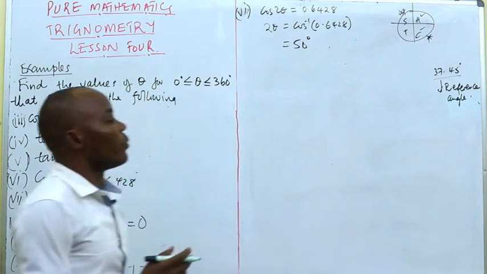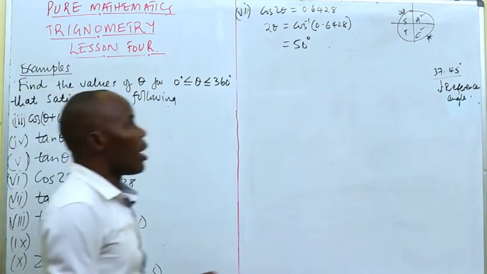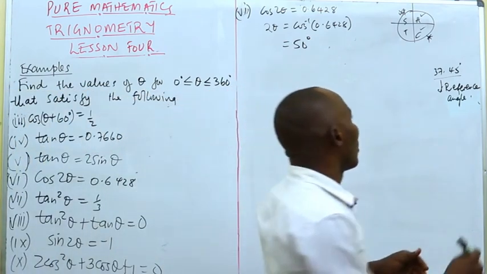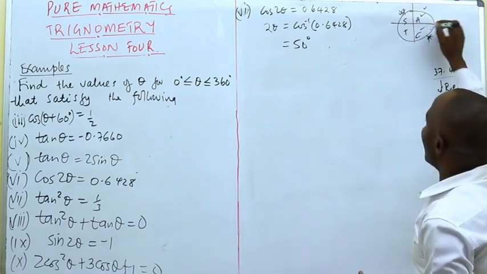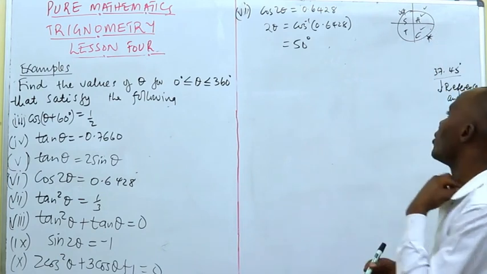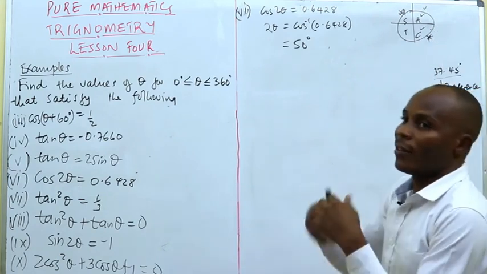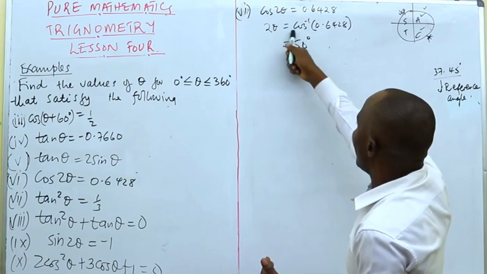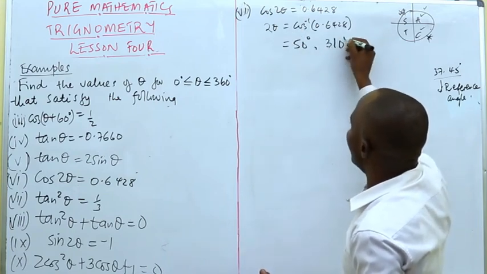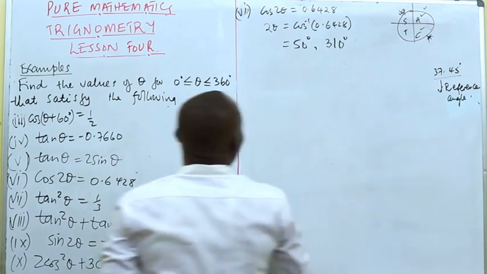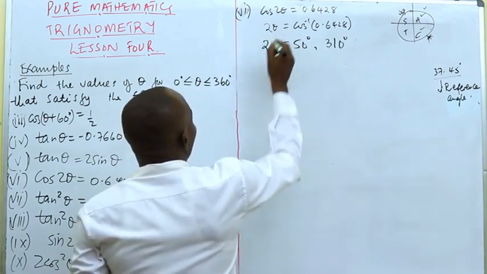So if it is giving you 50 degrees, how do you get the other angle? We have said cos is positive in the first and the last. Here, use the trig equation. The trig equation is 360 minus theta. In other words, it is 360 minus the 50 degrees, giving you 310 as 2 theta.